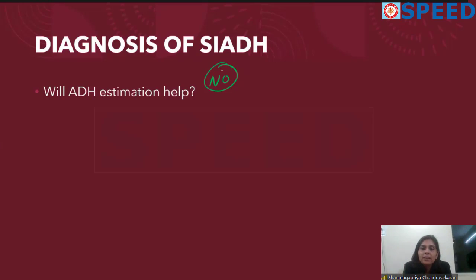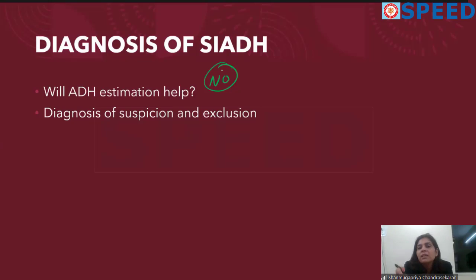This is inappropriate antidiuretic hormone secretion. So estimating ADH levels alone will not tell you whether it's inappropriate or appropriate. So this is not going to help. The diagnosis of SIADH is purely by suspicion and exclusion.